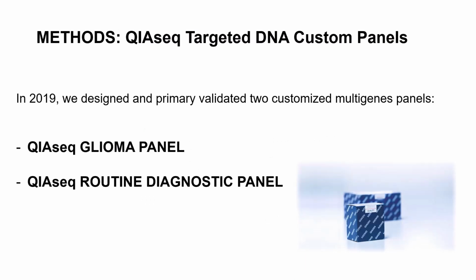In 2019, we designed and validated two custom multi-gene panels, one called the QIAGEN glioma panel for brain tumors and the other the QIAGEN routine diagnostic panel for the study of miscellaneous tumors.